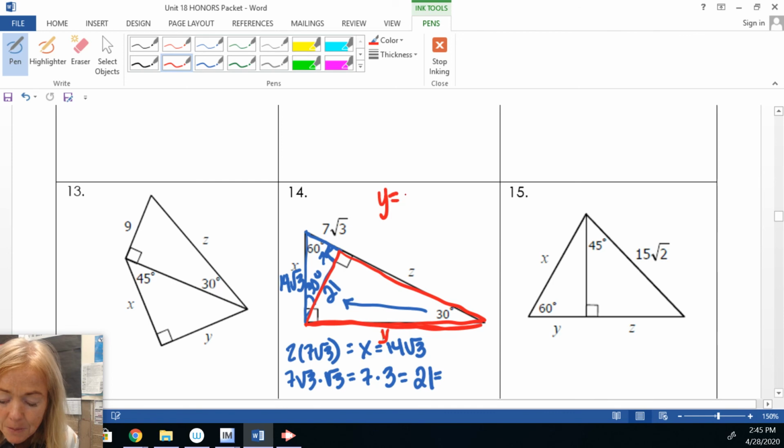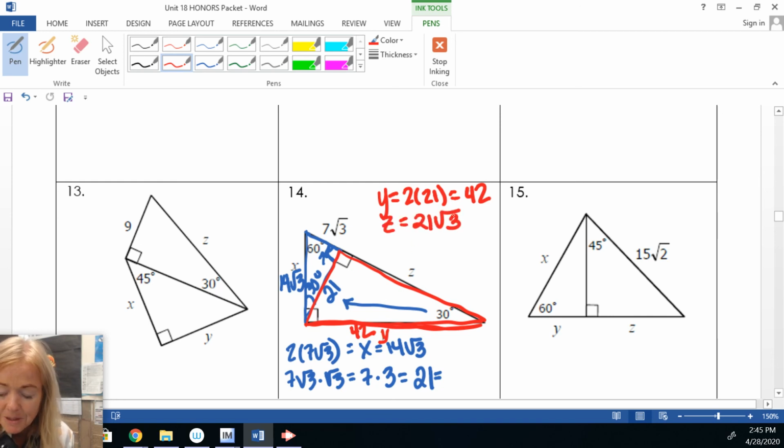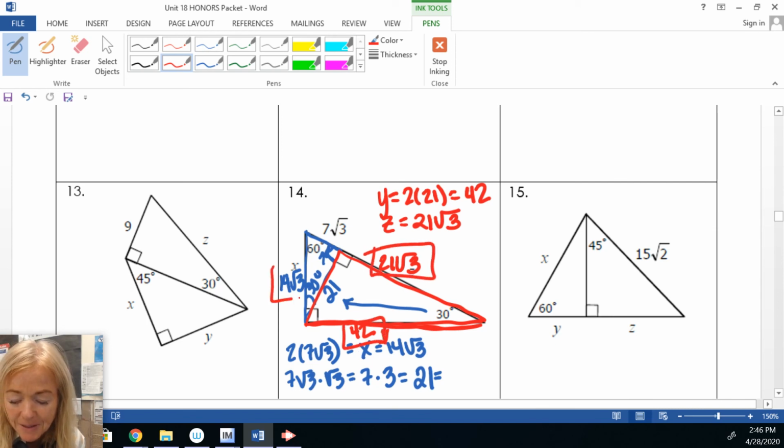So y will equal 2 times 21, which is 42. And z will be 21 times radical 3, which we just leave as 21 radical 3. All right. So that gives us that triangle right there, XYZ.